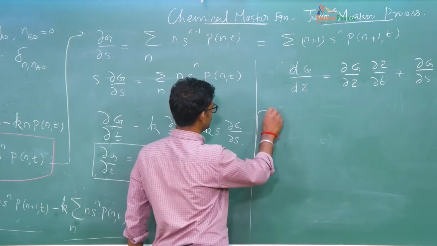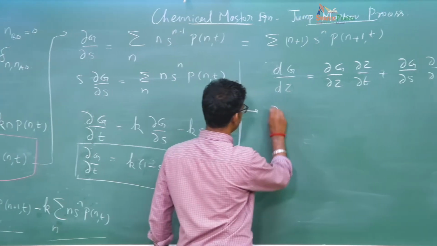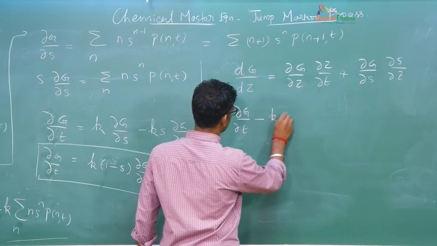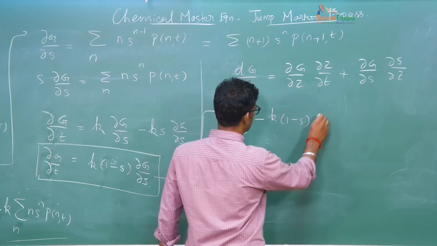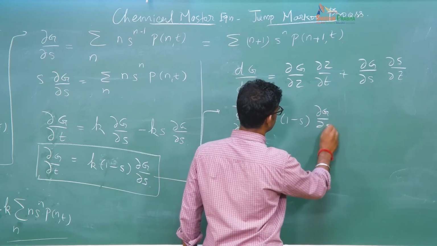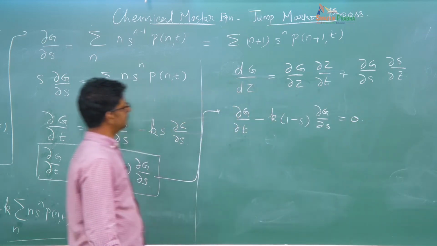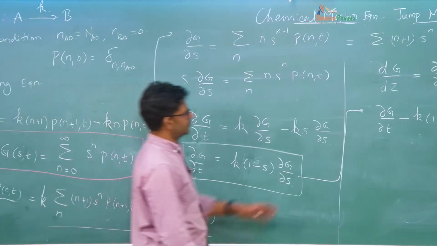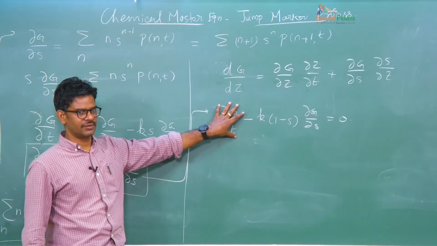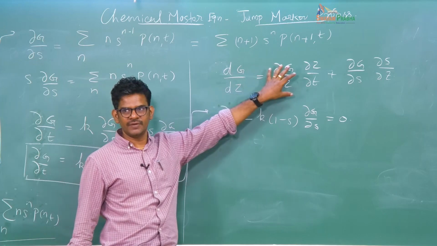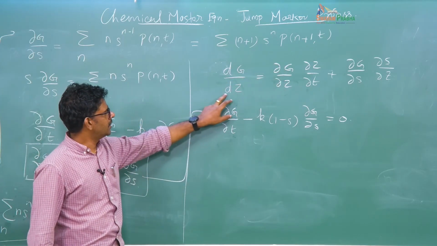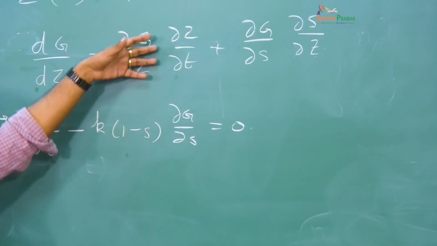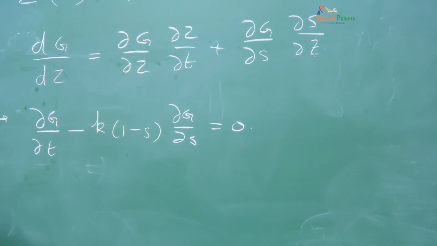So from here, this is the equation that we want to solve. We write dou G by dou T minus K times 1 minus S times dou G by dou S equal to 0. This is my original equation I want to solve, and here I have defined a new variable Z so that this equation is valid. Now I can look at these two, compare them, and find what that Z should be.